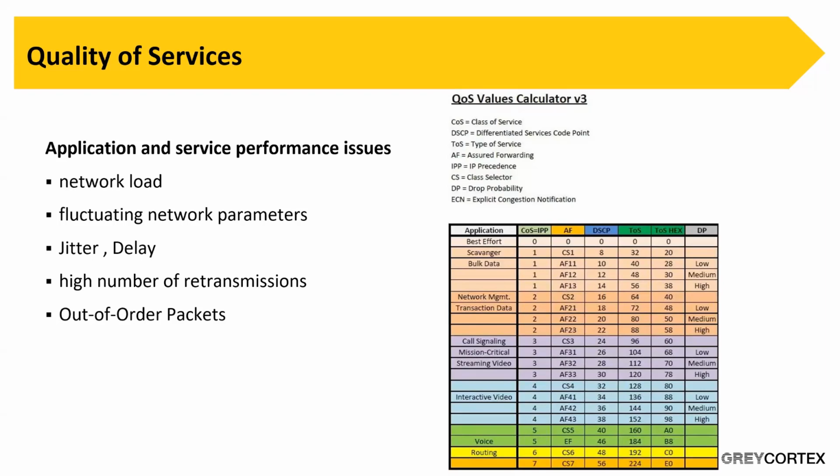Sometimes people do forget that in the past, when bandwidth was limited, you had 10 megabit half duplex, 10 megabit full duplex, 100 megabits per second full duplex, half duplex.